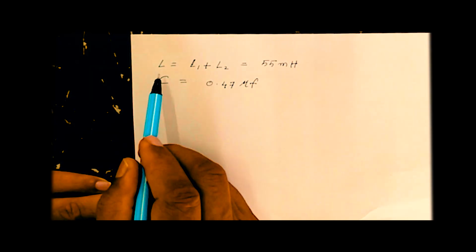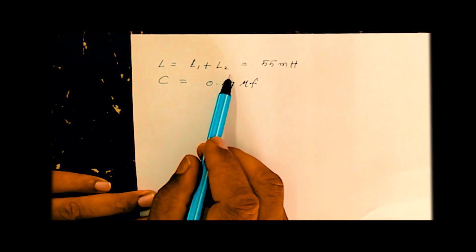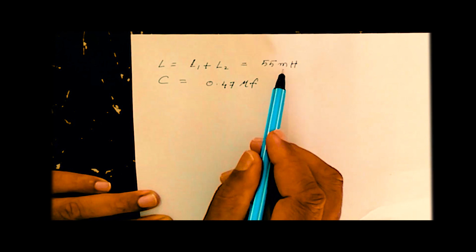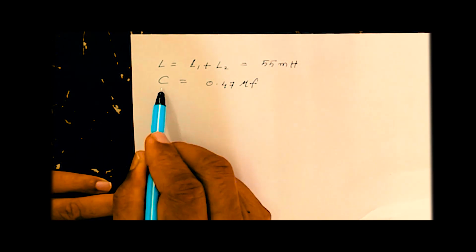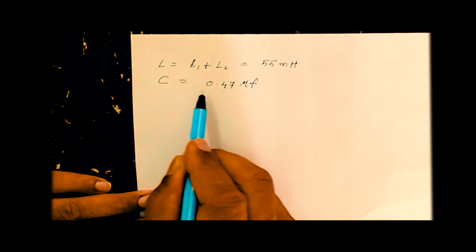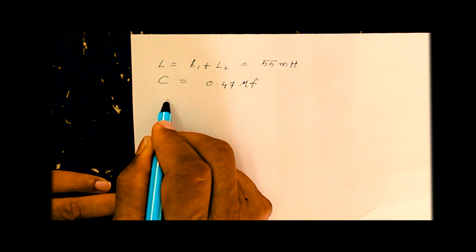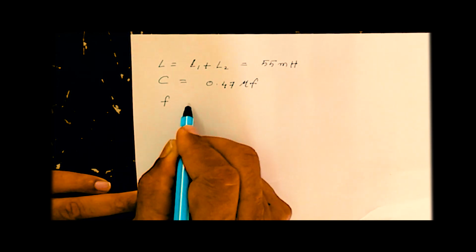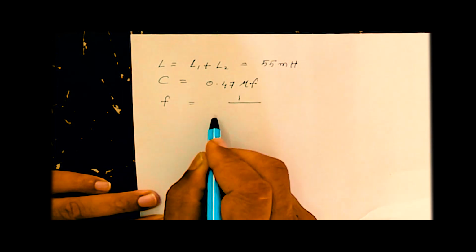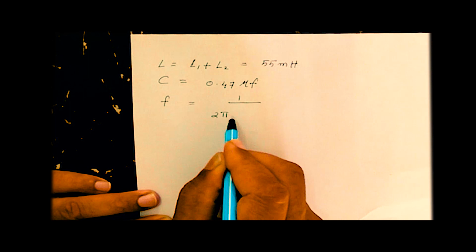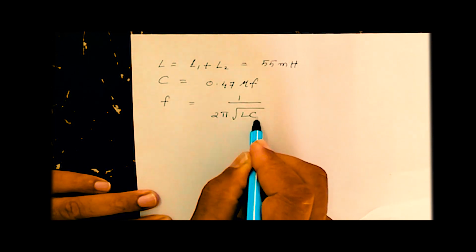So the inductance L equal to L1 plus L2 equal to 55 millihenry. The capacitance value C equal to 0.47 microfarad. The frequency of oscillations is given by f equal to 1 by 2 pi into root of LC.